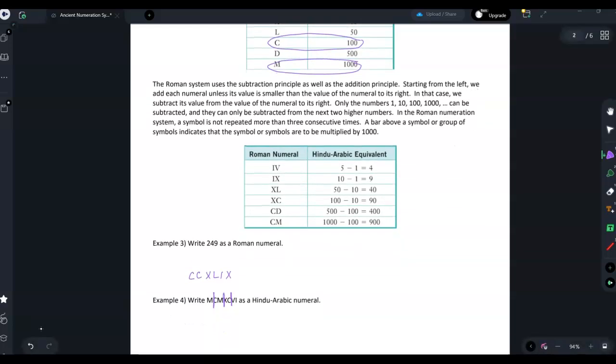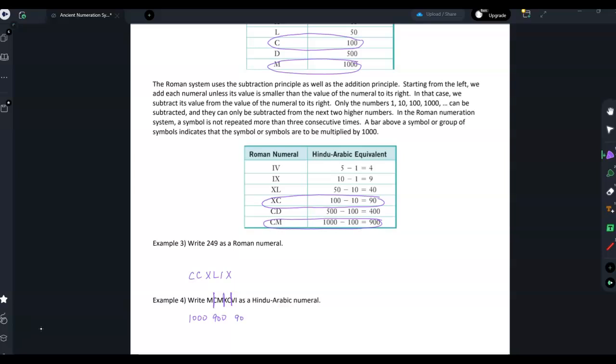So I can think of this separately: M is really 1,000. CM, since those two we said are together, that's really saying 100 less than 1,000. So that one's 900. And then XC, we said those two are together. That's really 10 less than 100, which is 90.